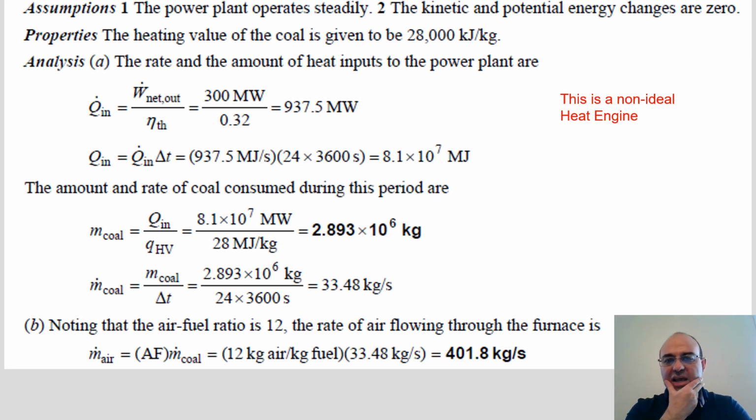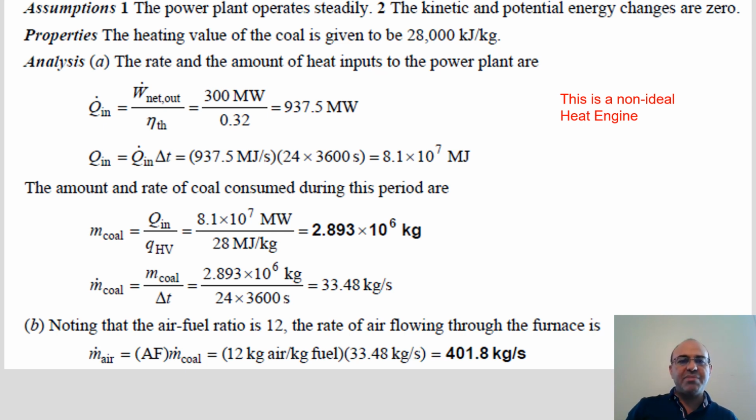Okay, so as we said, this is a non-ideal heat engine. It says it's a power plant, but a power plant is a kind of heat engine because it receives heat and generates work. So all equations that we have shown and derived for a heat engine are applicable to a power plant.